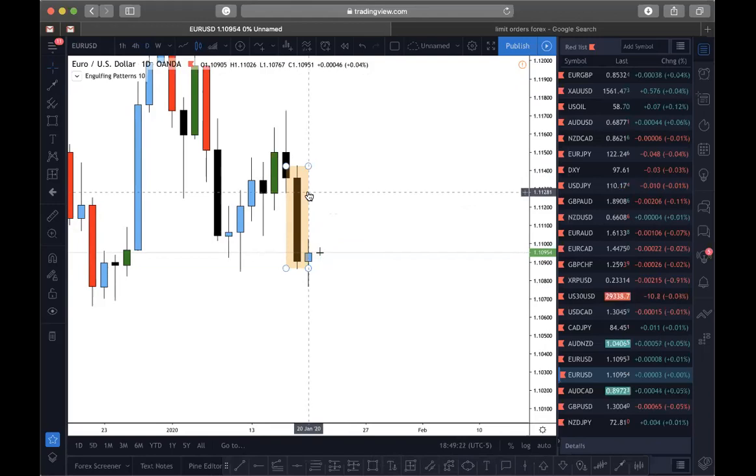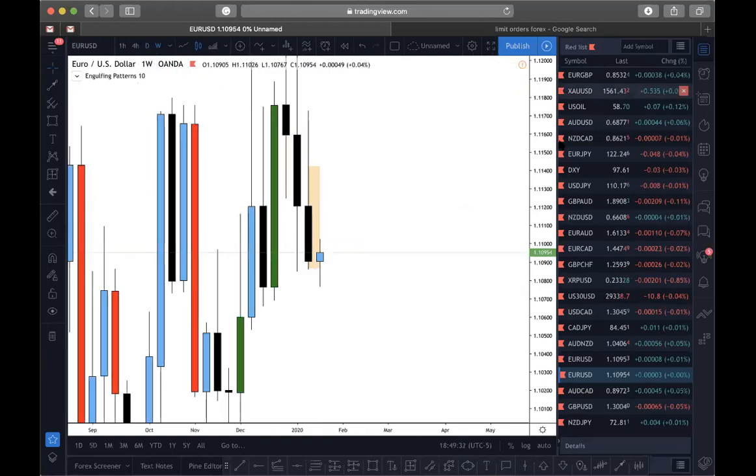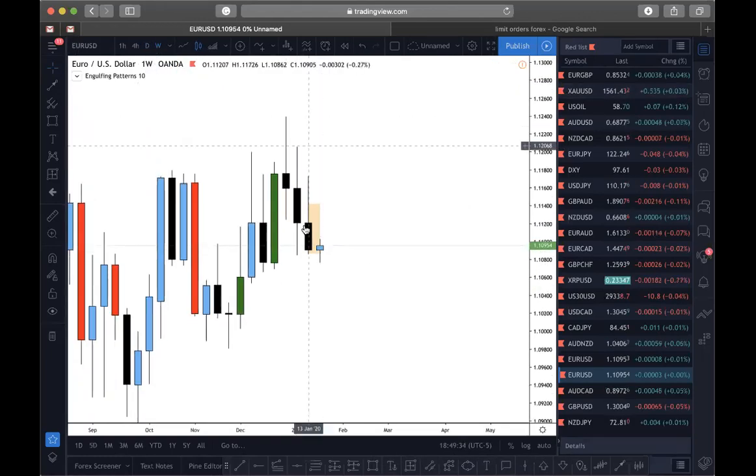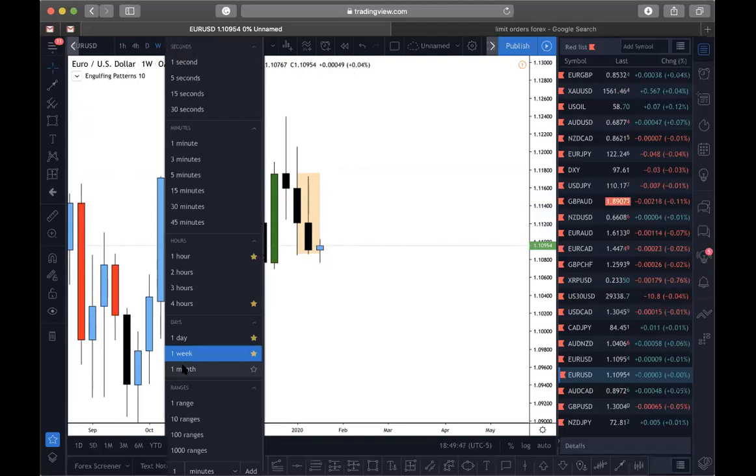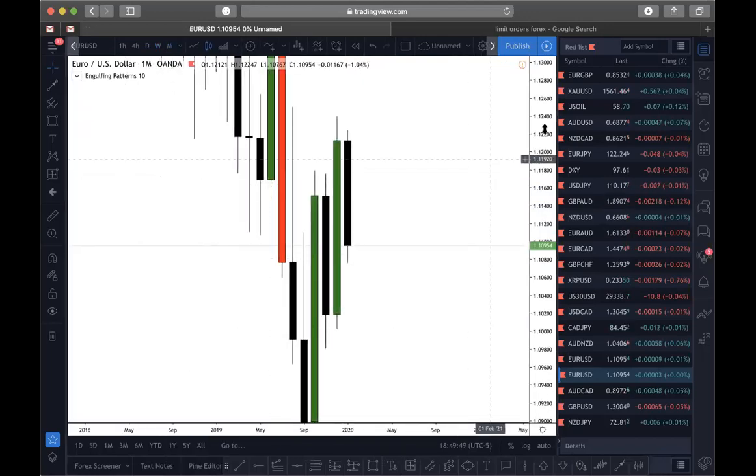And there are going to be 6 4 hour candles in the daily candle. And then we have the weekly time frame. One candle represents 1 week of movement, so there'll be 7 daily candles in that one weekly candle. And so on for the monthly.